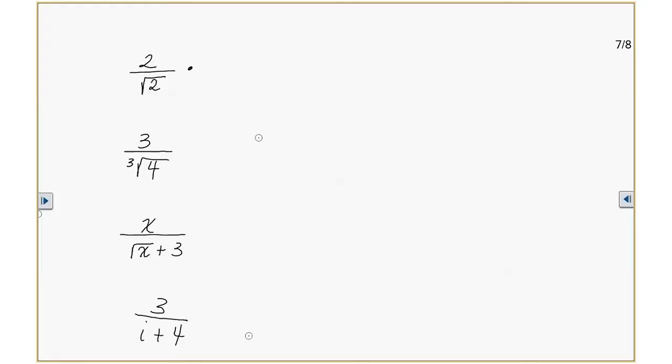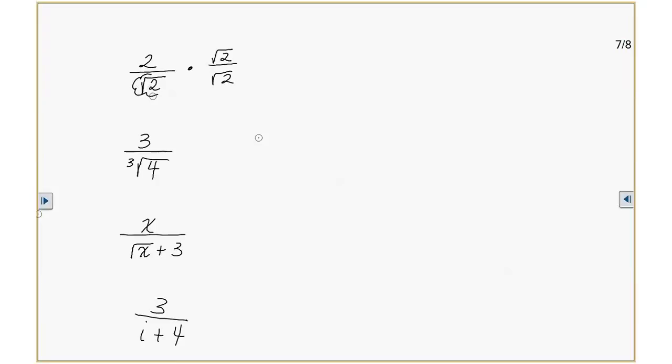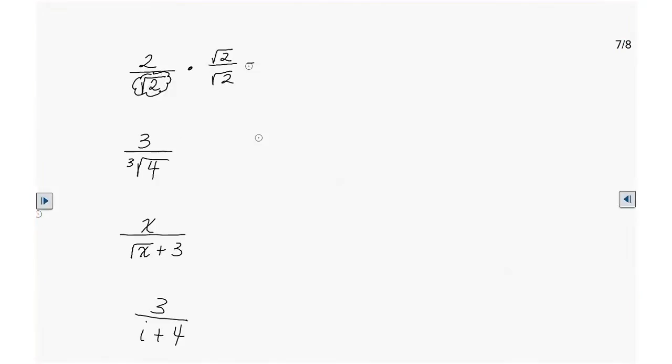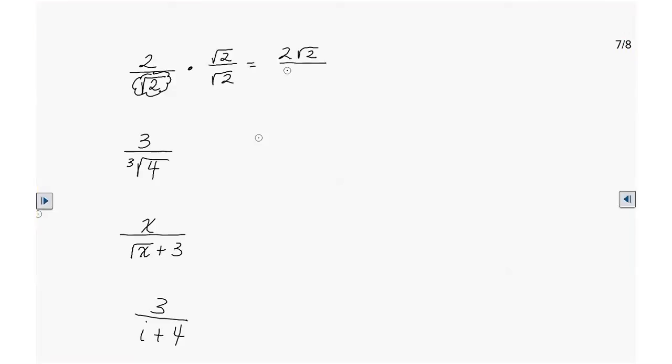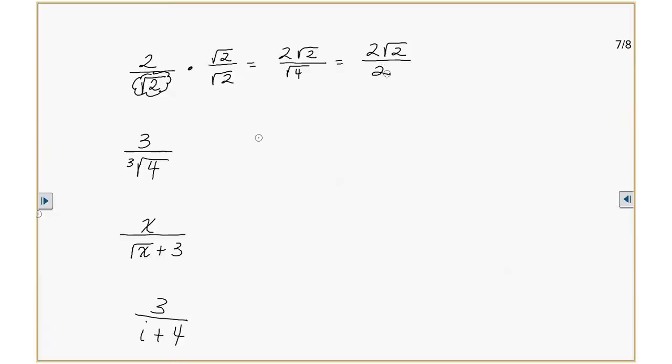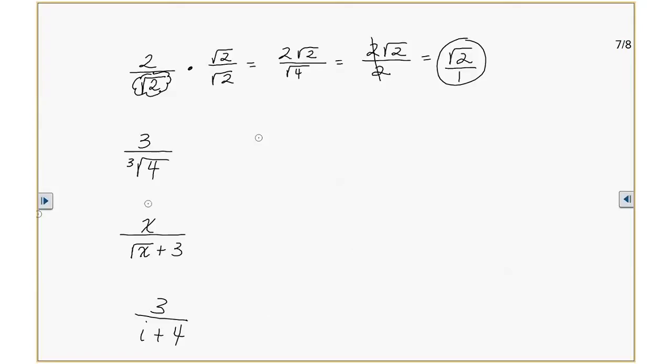So you multiply the top and the bottom by the square root of 2. That gives you 2 square root of 2 over the square root of 4, which is equal to 2 square root of 2 over 2, which is equal to the square root of 2 over 1. So I have moved the radical that's in the denominator to the numerator. And that's what you're actually doing.